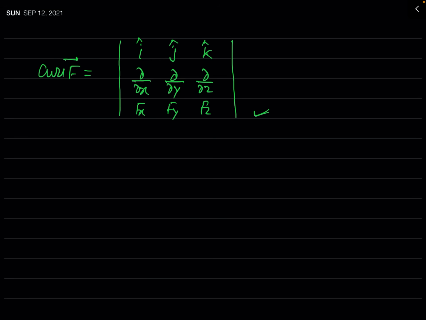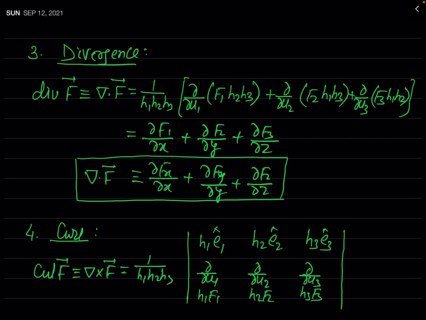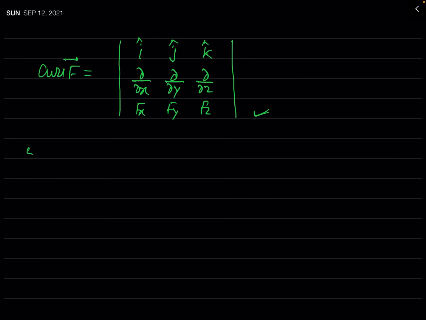I hope you have an idea of these things already, because you have studied it in the differential part of vector calculus. Now finally, we are going to find the expression of Laplacian operator in Cartesian coordinate system.